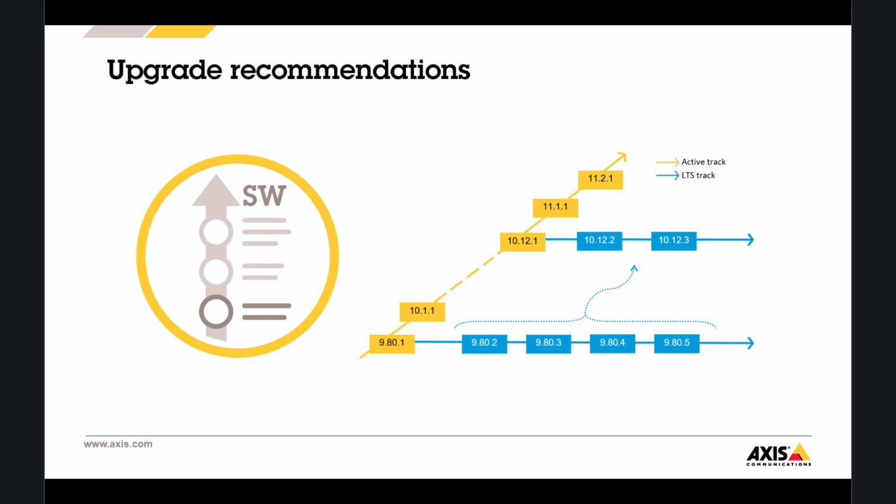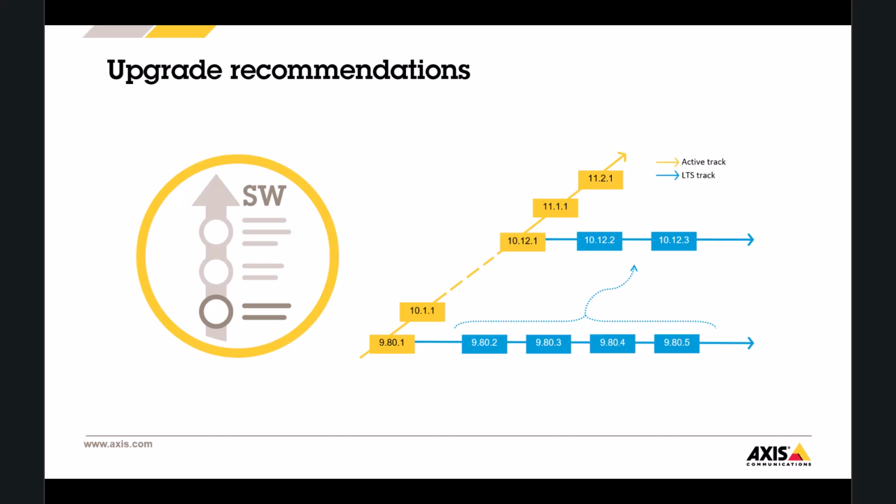In AXIS OS, we have built in some safety mechanisms to avoid upgrade issues. For example, you cannot install an incompatible AXIS OS version. We have rollback functionality, and the software is digitally signed, which means it cannot start if the checksum is incorrect.